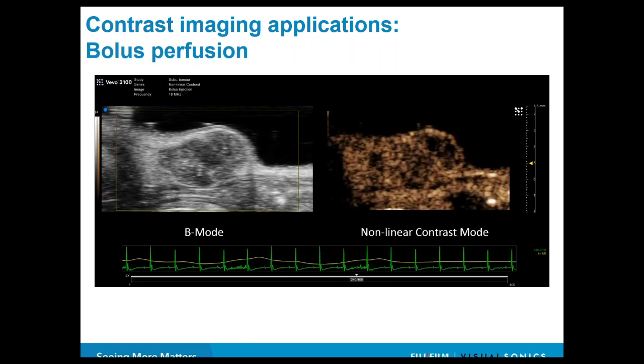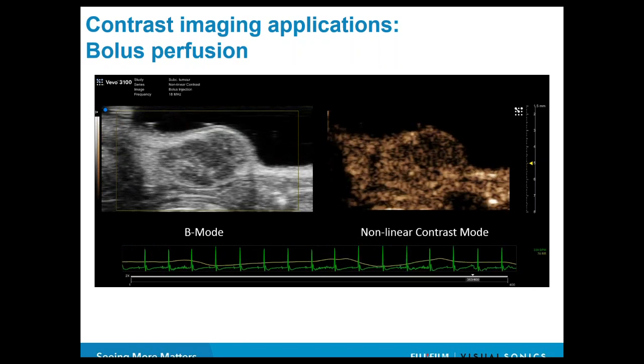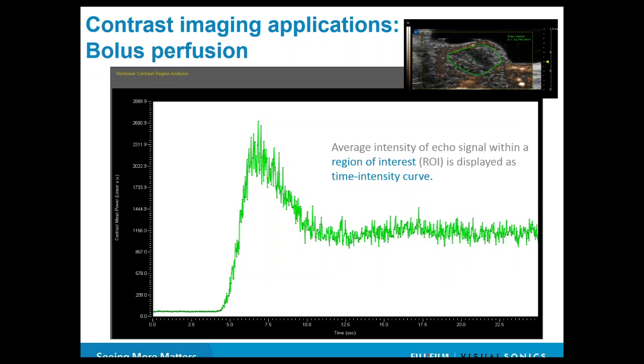Once you have recorded a video clip like this, you can draw a region of interest and look at something that is called the time intensity curve. So we are looking at the echo signal, the contrast signal in our area of interest, and you get this time intensity curve, which is the signal that we record.